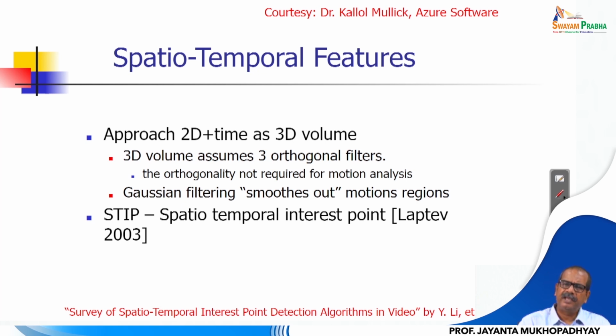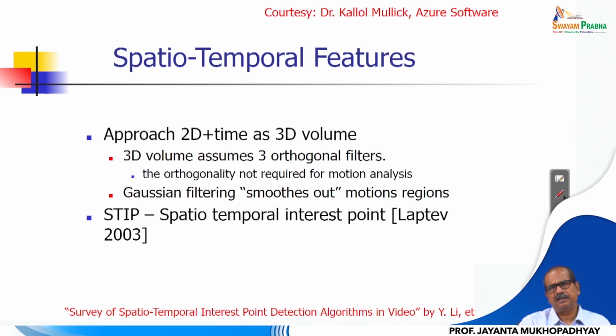And the way these three-dimensional images are used for extracting and representing features, you can apply those filters on those volumes to represent videos with different kinds of features. This is one approach. One thing you should note is that because of filtering, it may smooth out the motion region, particularly Gaussian filtering.